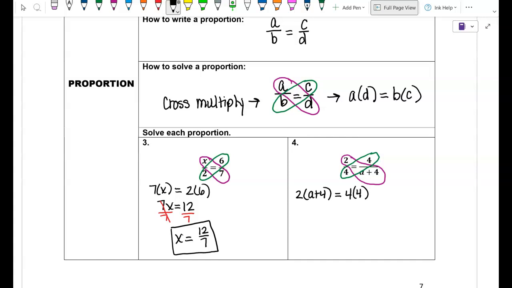Now, when you get into the expressions, you do have to distribute. So that 2 on the outside has to be multiplied times both terms inside. So we're going to distribute that 2. So I have 2a plus 8 equals 16.